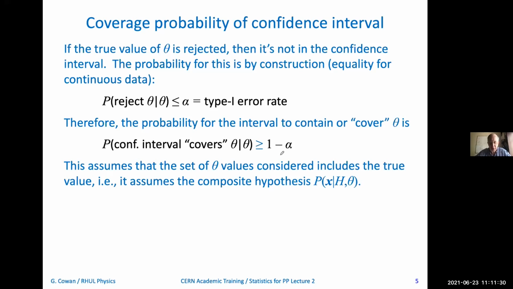And that's often quoted as the quintessential property of a confidence interval. It covers the true value of the parameter with the probability of 1 minus alpha. That assumes that you've set up the game so that somewhere within your set of theta values, there is a true value somewhere. So it assumes the composite hypothesis indexed by this parameter theta. It assumes that for some value of theta, there is a true value.